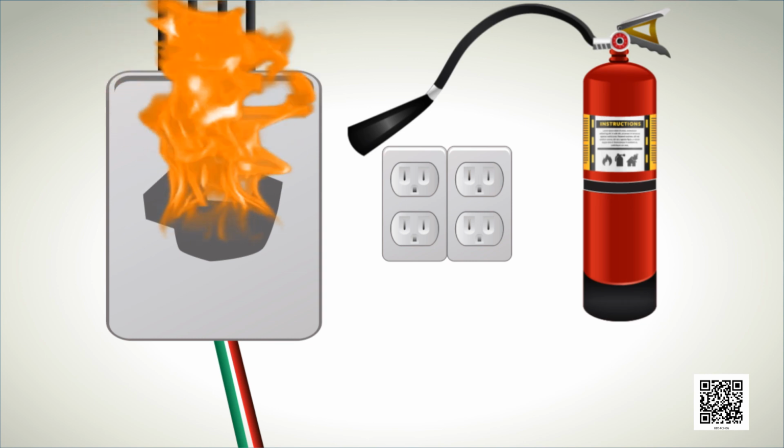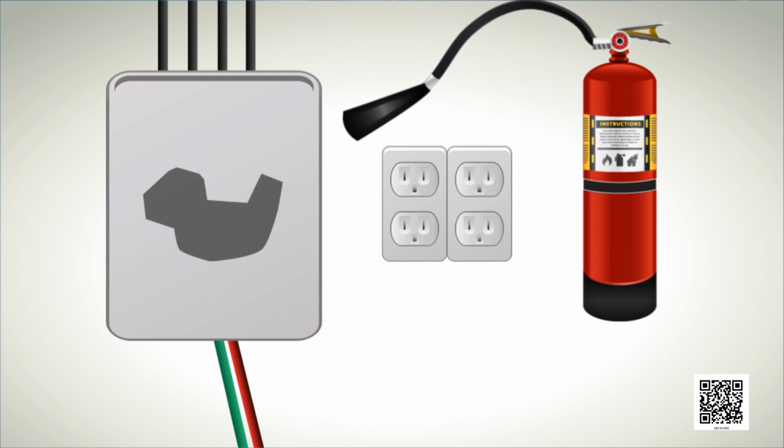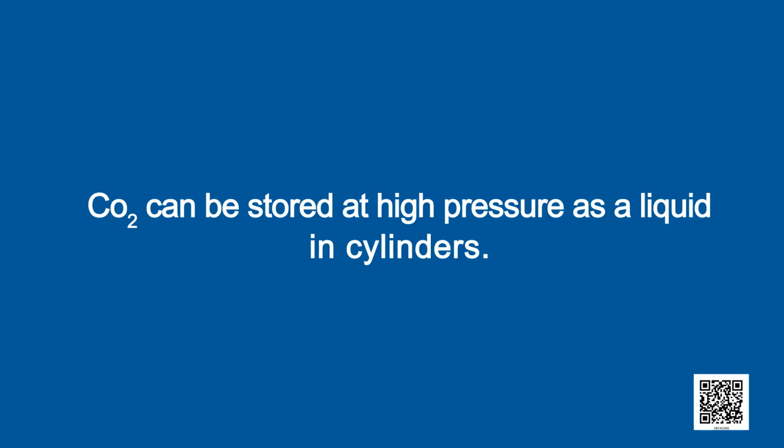But now, the question arises: from where can we get the supply of carbon dioxide? Carbon dioxide gas can be stored at high pressure as a liquid in cylinders.